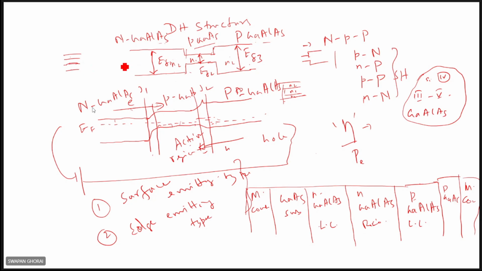So by using the variation of refractive indices among the layers, we can have optical field confinement. By using the bandgap differences, we can have charge carrier confinement. Accordingly, we can have a high radiance and high internal quantum efficiency LED, right? And this LED, you can see it here.